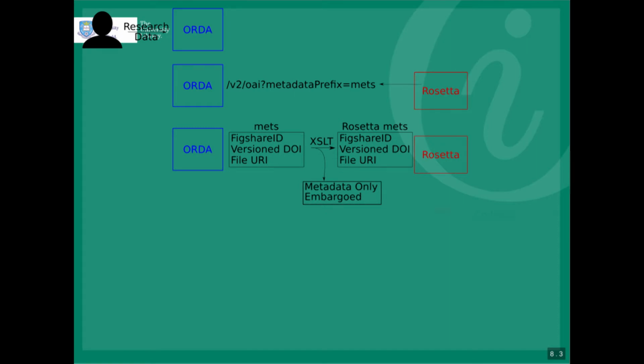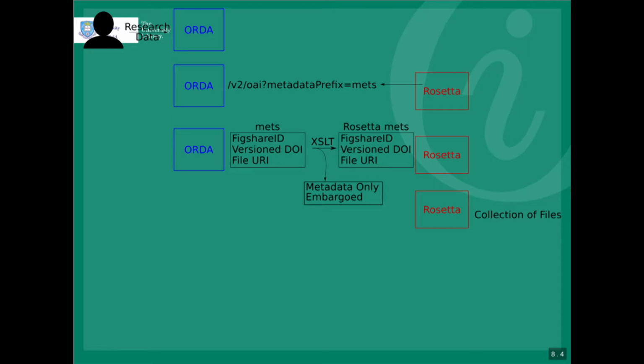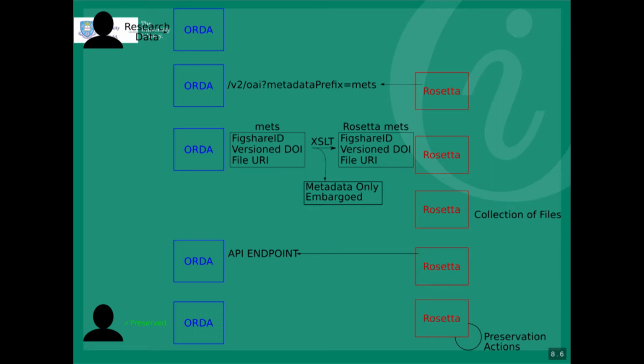Rosetta pushes the thing back to ORDA to say, hey, we've got this. And then Rosetta's able to perform preservation actions on the files that we've picked up, and the researcher gets a nice little flag in the corner of the data to say, hey, this is preserved, we've got it in the library, don't worry about it. So that's where we are now and what's happening.